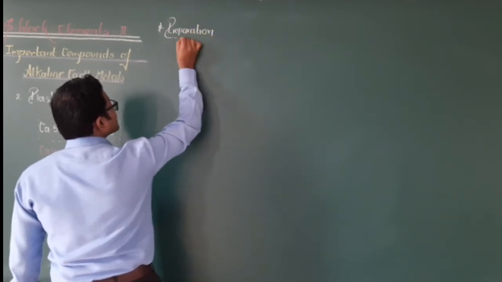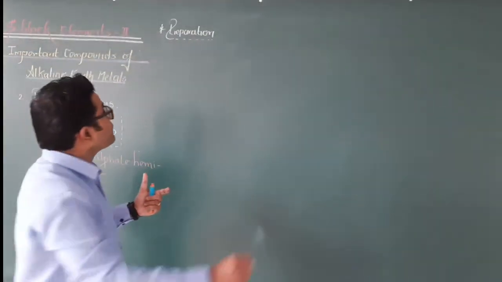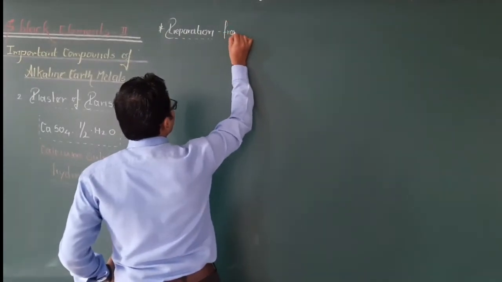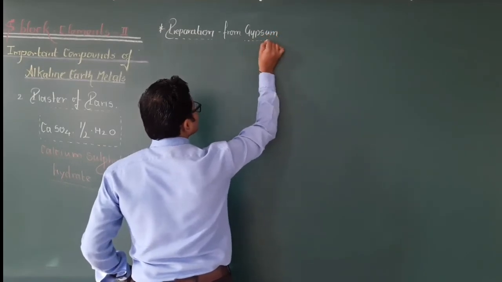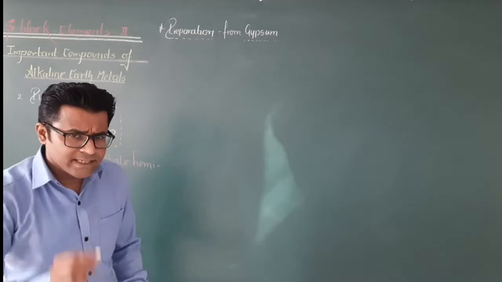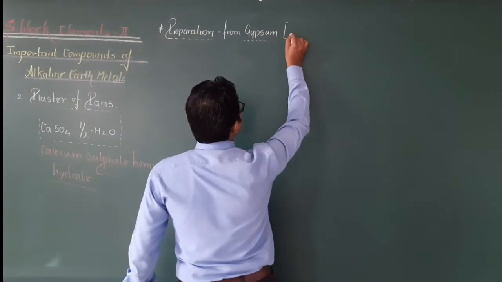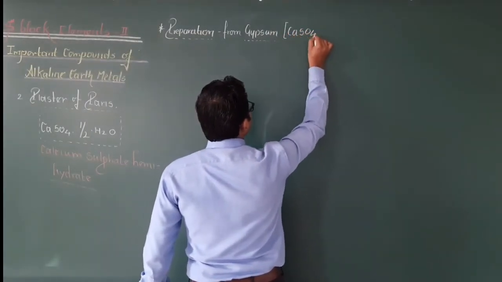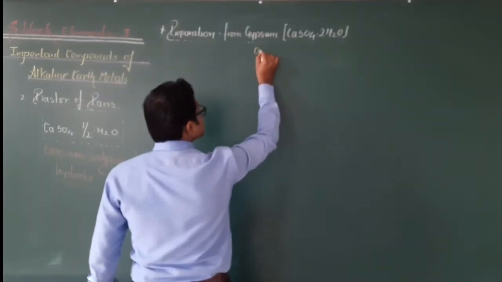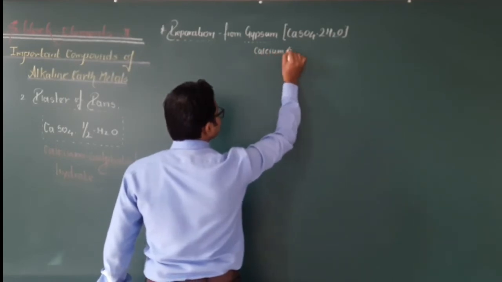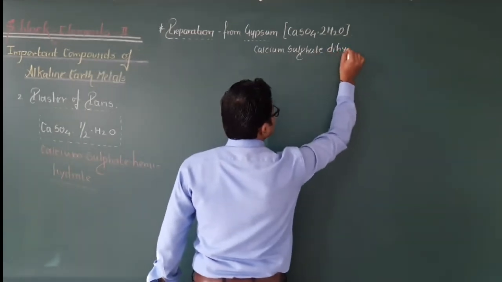So, under the section of preparation, we need to understand that this particular calcium sulfate hemihydrate is prepared from gypsum. Now, gypsum is again calcium sulfate salt itself, but it is CaSO4 dot 2 H2O. That means it is calcium sulfate dihydrate.